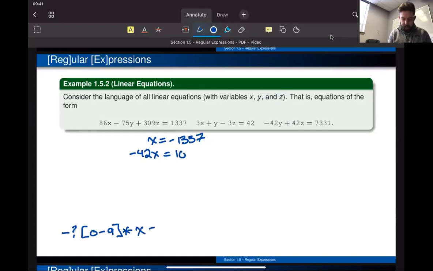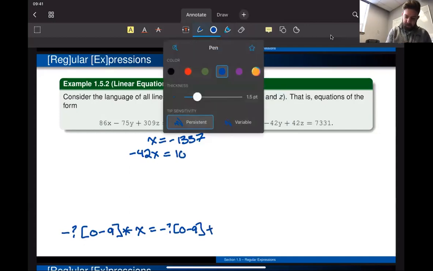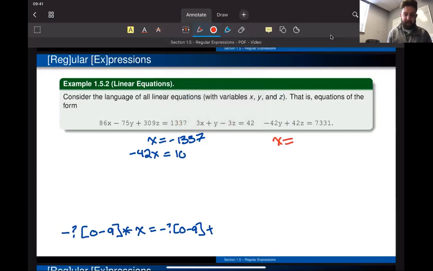And then that's going to equal, well, the thing on the right could be negative, so it's negative question mark. And then it's going to have some numbers. And we need to have at least one number on the right-hand side because it doesn't have the x to help it out at all. So it's going to be some number, any number of them, as long as we have at least one. Basically, I don't want something that looks like x equals.